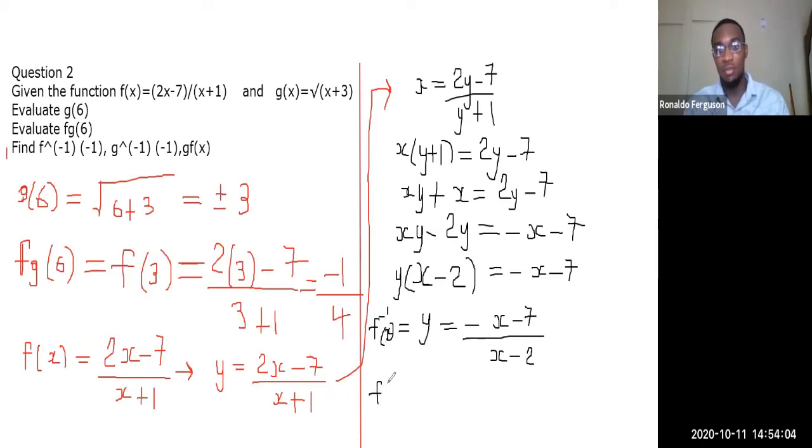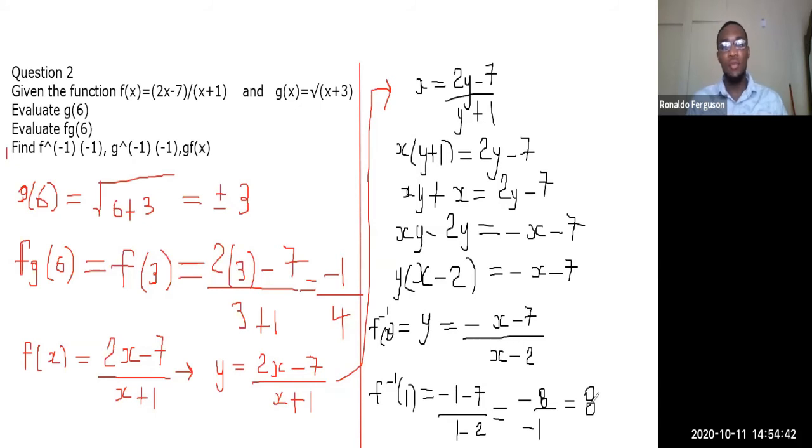And so f inverse of 1 is going to be equal to negative 1 minus 7 over 1 minus 2. And so this works out to be negative 8 over 1 minus 2 is negative 1. And so f inverse of 1 is 8. F inverse of 1 is 8. Alright, easy.